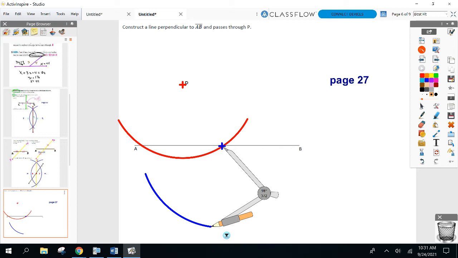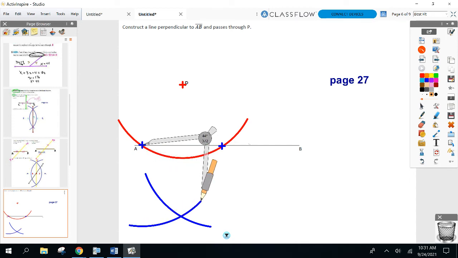And then travel over to the other point of intersection and make sure this final arc intersects the previous one. And I'm hoping where those 2 intersect is right below P.